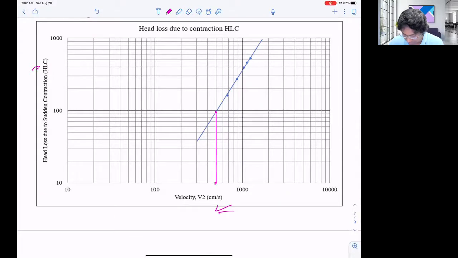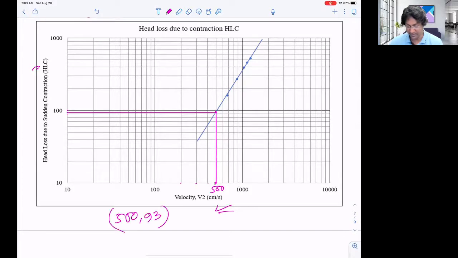So 100, 2, 3, 4, that is 500, okay, and we have that value. So that is 90 and 100, so that will be like 92 or something like that. So we have first point 500 and then 93.